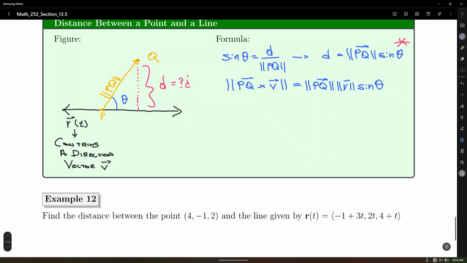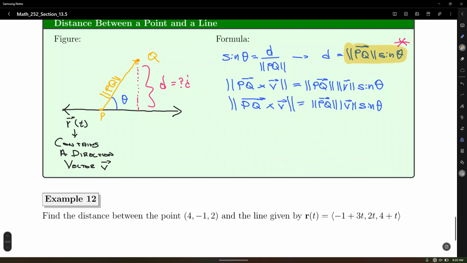I'm going to use the commutative property of multiplication. A times B times C is the same as B times A times C. So I'm just going to change the order of these two. The magnitude of PQ times the magnitude of the vector V times sine of the angle equals the magnitude of the cross product PQ cross V. Now check this out.